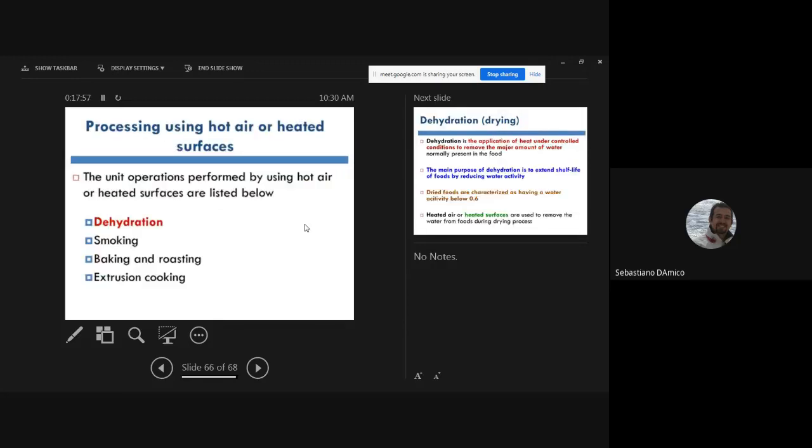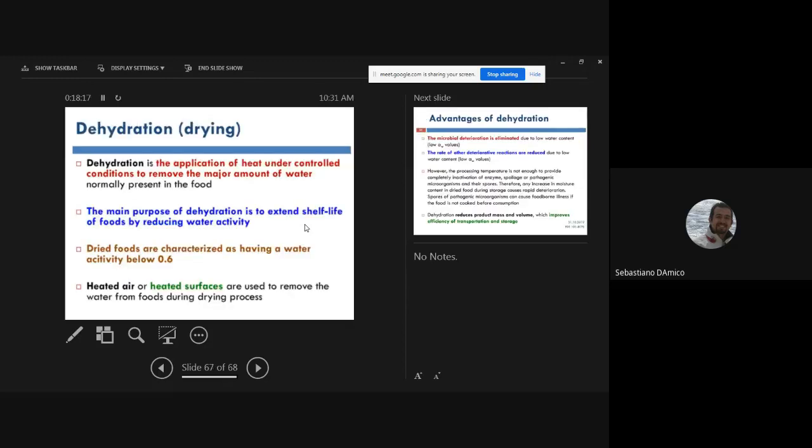Hot air and heated surfaces are examples of processing that are quite used, and dehydration and smoking are the two main important ones. Dehydration is the application of heat under some particular controlled condition to remove the major amount of water.